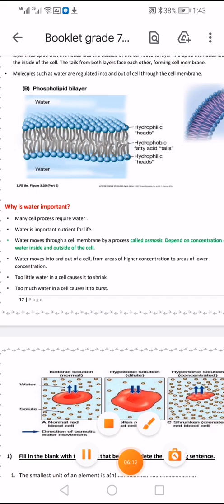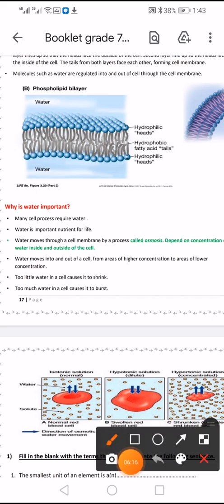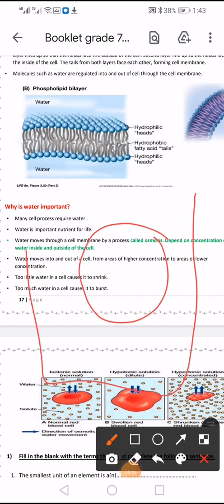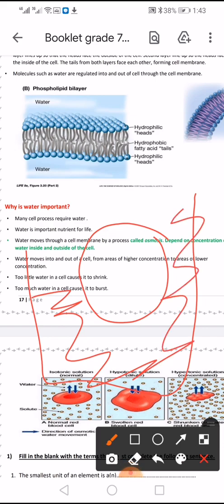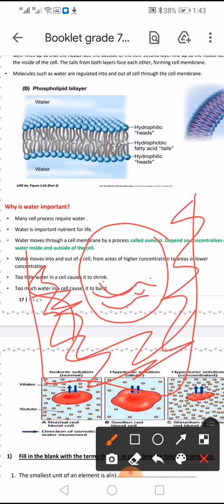So look, for example, this is a cell in a beaker that contains a lot of water, and inside the cell there is a little water, like this. So what happens? The water moves from the beaker into the cell. Why?